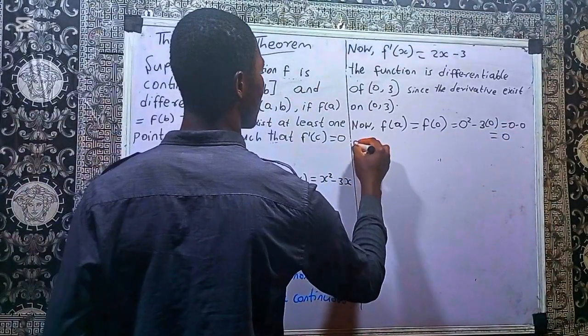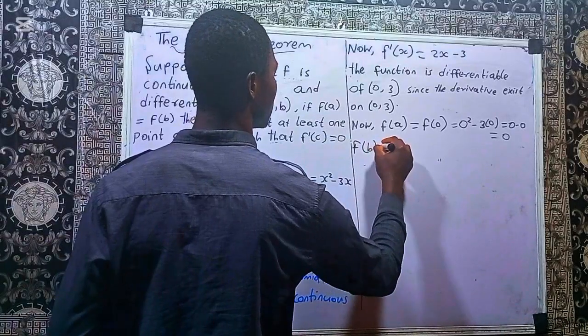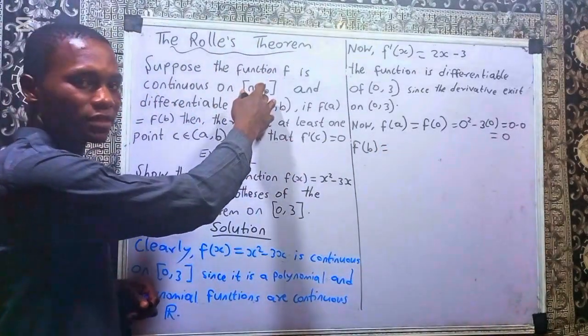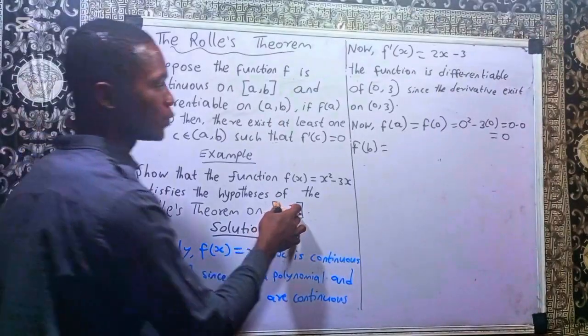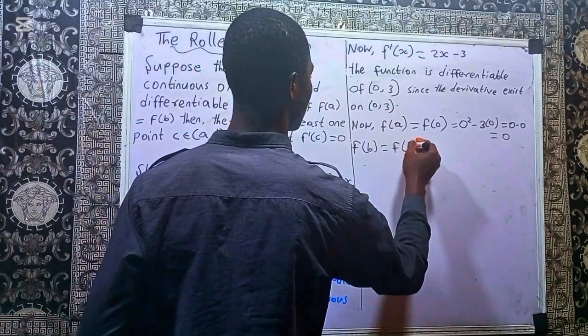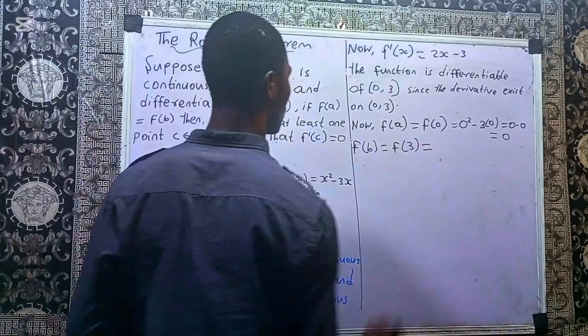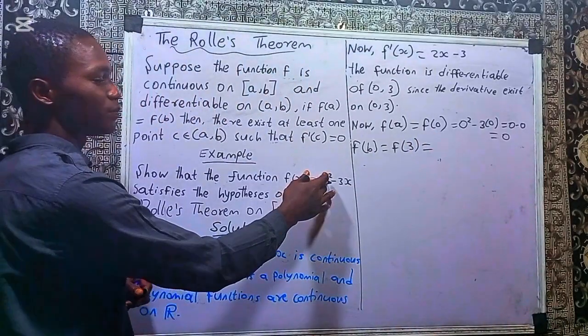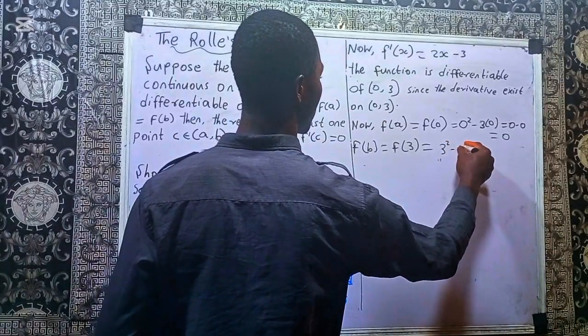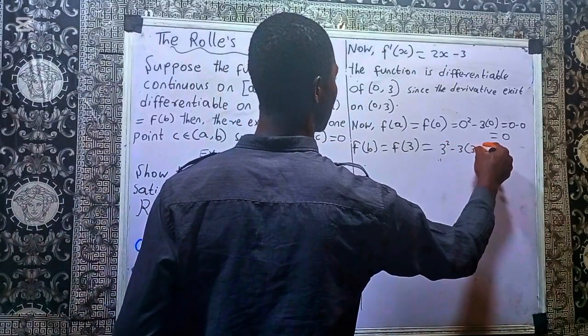Now, we check for f at b. b is standing for the last point in the interval. What's the last point? 3. So f at b is the same thing as f at 3. So you come to your function, substitute, replace x with 3. So you'll be having 3 squared minus 3 times 3.